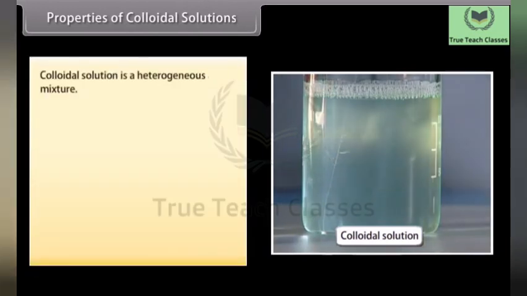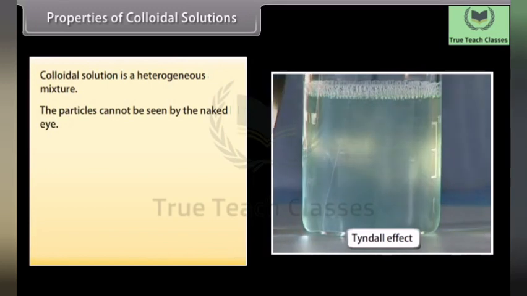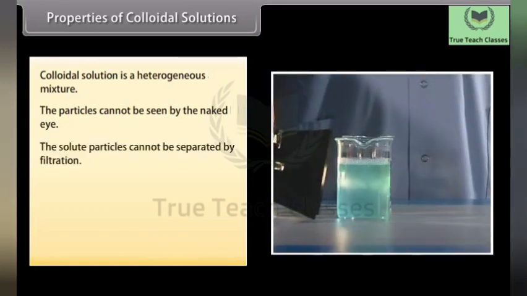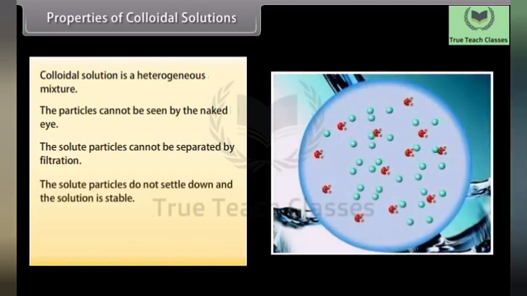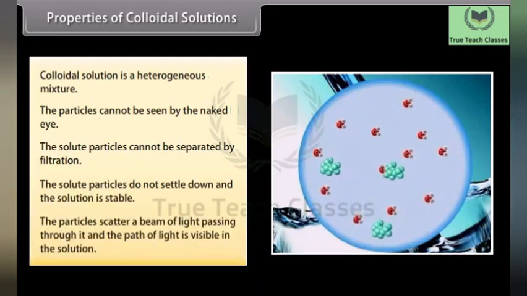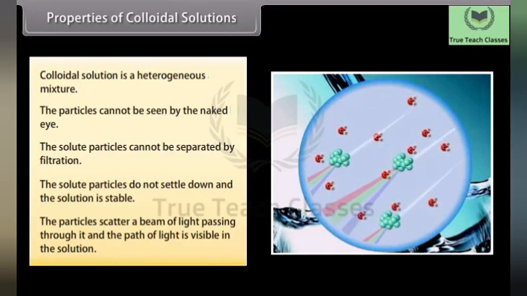Colloidal solution is a heterogeneous mixture. The particles cannot be seen by the naked eye. The solute particles cannot be separated by filtration. The solute particles do not settle down, and the solution is stable. The particles scatter a beam of light passing through it, and the path of light is visible in the solution.